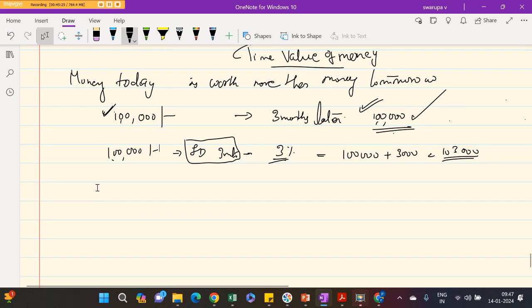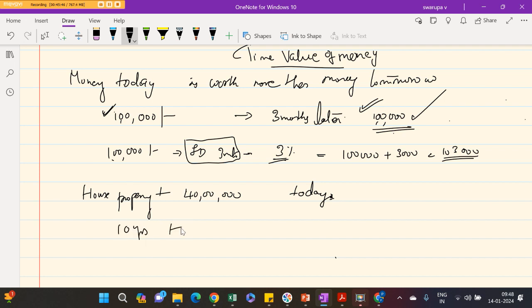I'll just give you one more example here of a house property as well. You're buying a house, okay, with an investment of 40 lakhs today. Your assumption is I will rent it out for 10 years at 10,000 rupees.